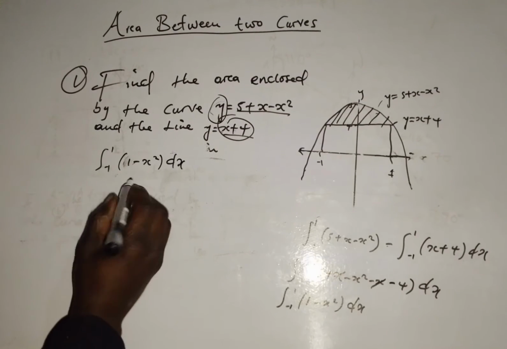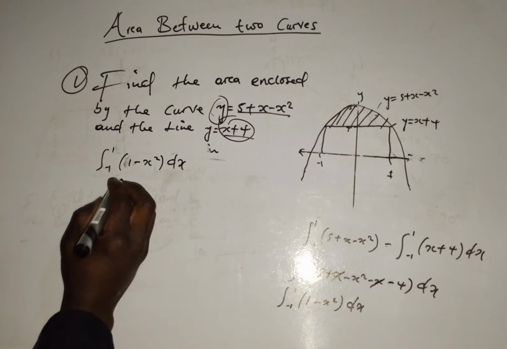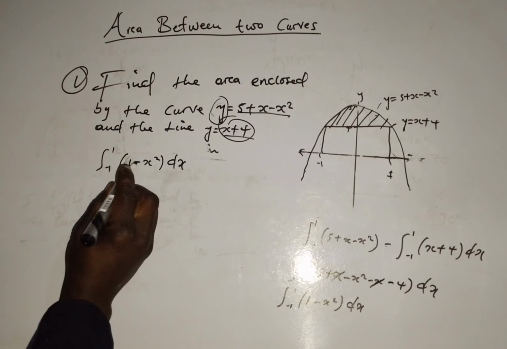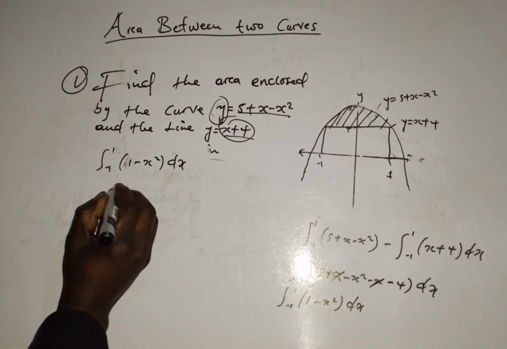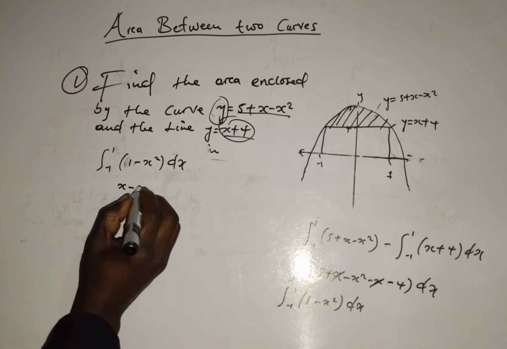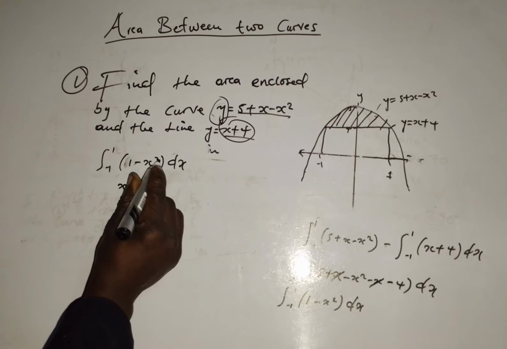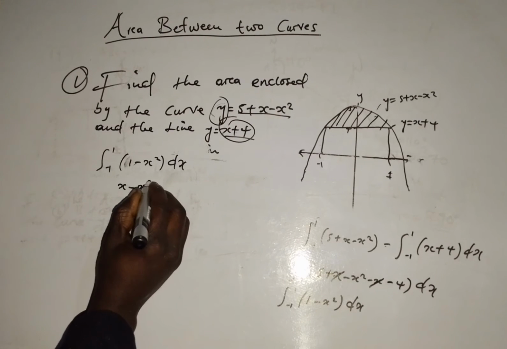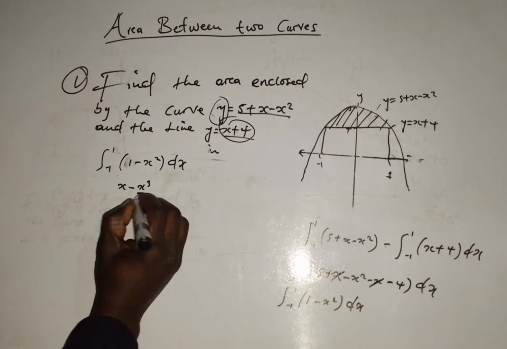When we integrate this expression which we have here, when you integrate 1 you're going to have x, minus x power 3 divided by 3.